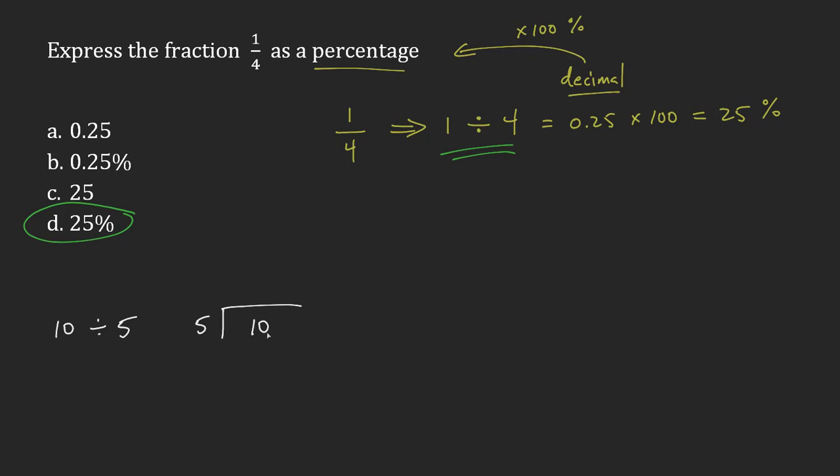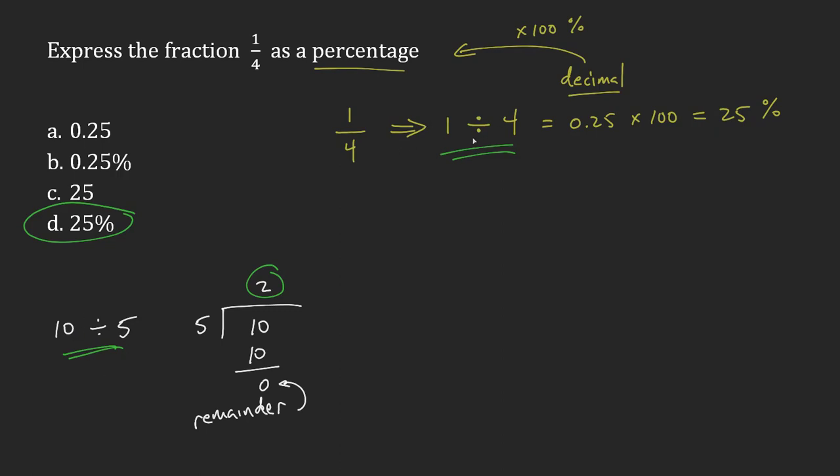So 5 does go into 10, it goes in 2 times. Now let's see what that gives me. 2 times 5 is 10, and so that leaves a remainder of 0. If you get a remainder of 0, it means you're done, and so your answer is 2.